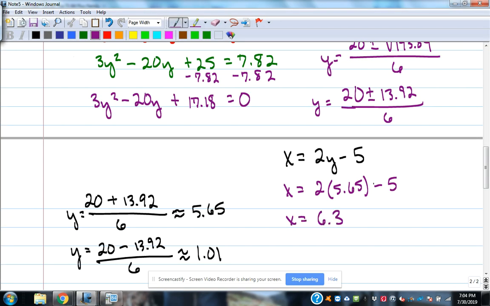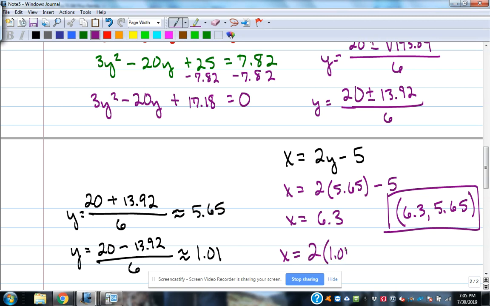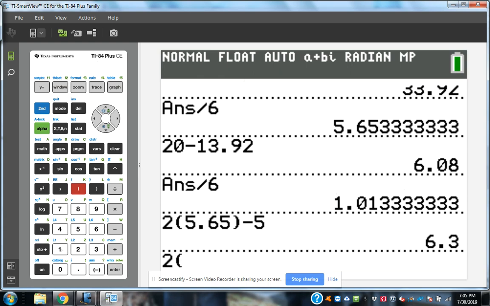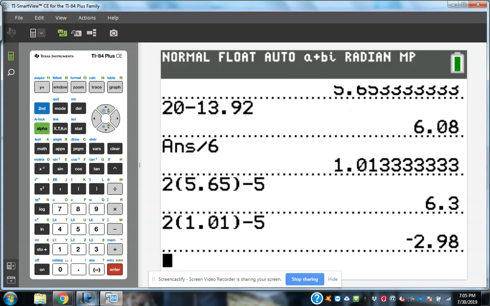So when I get this ordered pair, 6.3, 5.65. There's one of our ordered pairs. I'm going to find the other one. So I'm plugging in 2 times 1.01 minus 5. 2 parentheses 1.01 close parentheses minus 5. Should be a negative number. Negative 2.98.